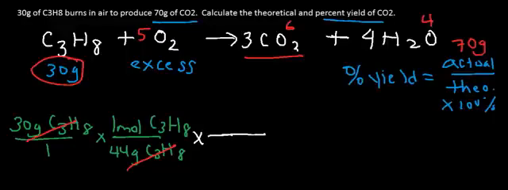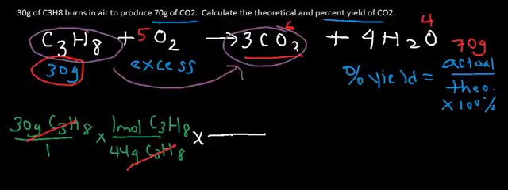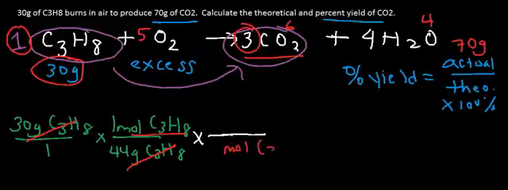You want to convert from moles of C3H8 to moles of CO2. Whenever you want to change from one substance to another, you need to use the molar ratio. And the molar ratio is 1 to 3. For every 1 mole of C3H8 that burns in a reaction, 3 moles of CO2 are produced. And since we have moles of C3H8 on the top left, we need to put that on the bottom right so that they cancel. And therefore, the moles of CO2 will go on top.